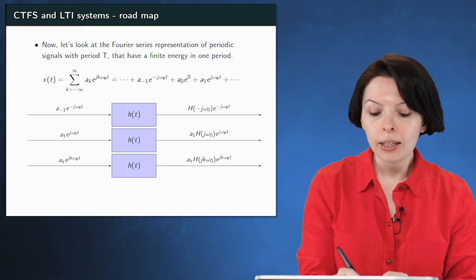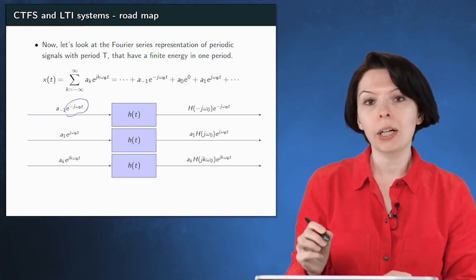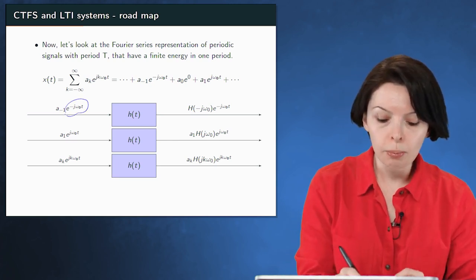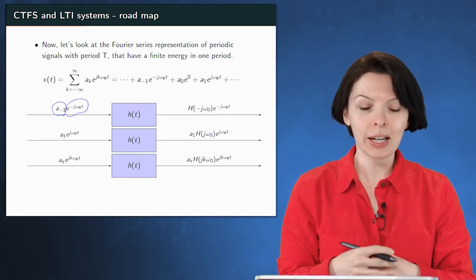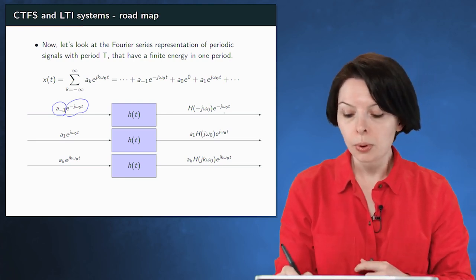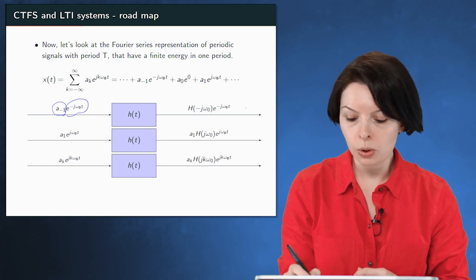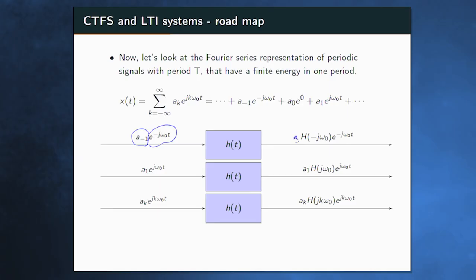So if you apply e to the minus j omega naught t, multiplied by a scalar factor a negative 1, the output is going to be a negative 1 e to the minus j omega naught t multiplied by this complex number, H of minus j omega naught.